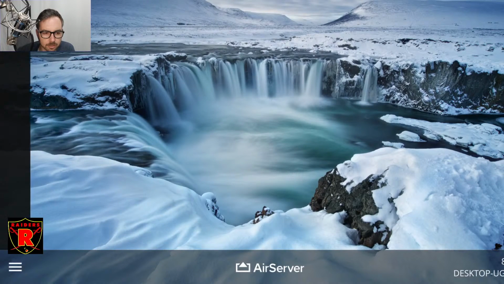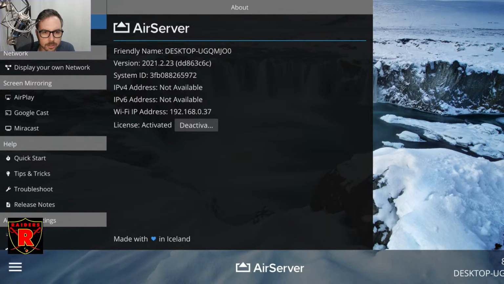I can't even detect the computer here. Why is this not working? I may have to switch around how I do this. I wonder if I set my computer up here as a mobile hotspot and then connect to that.